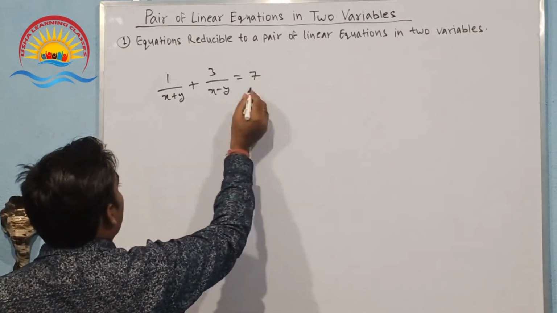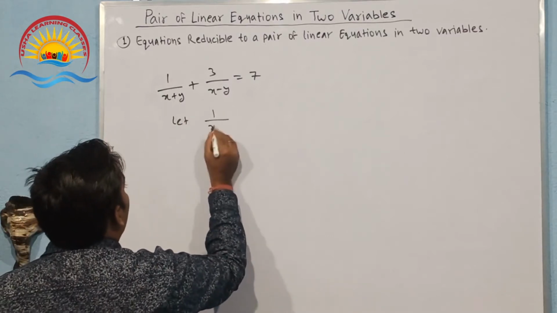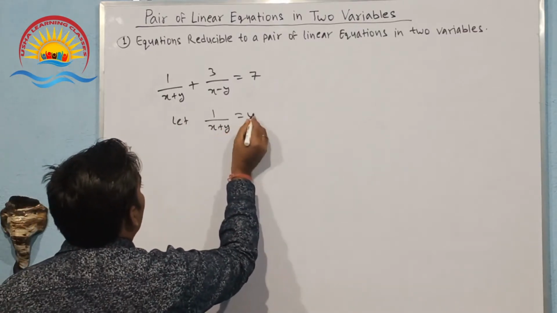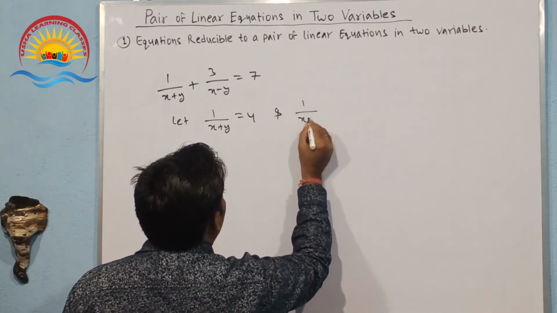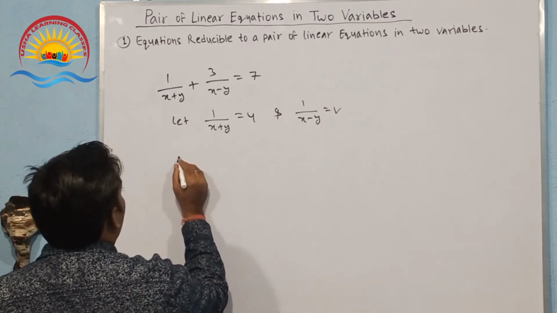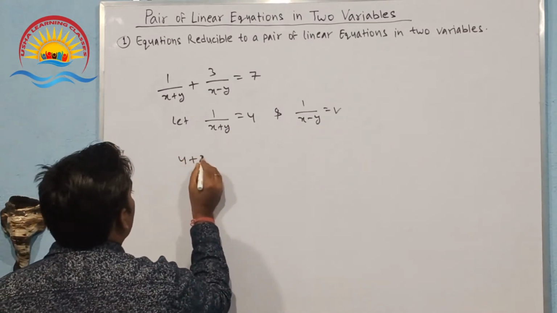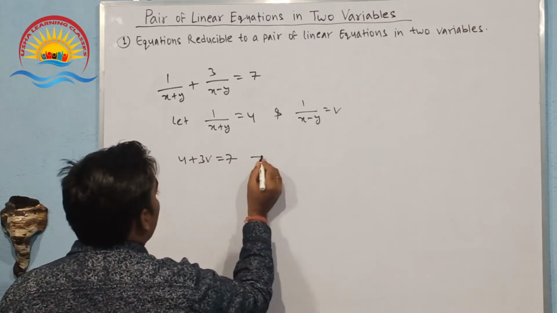We can alter them as a pair of linear equations. Let 1 by x plus y equal to u and 1 by x minus y equal to b. Then the equation becomes u plus 3b equal to 7. This is a linear equation.